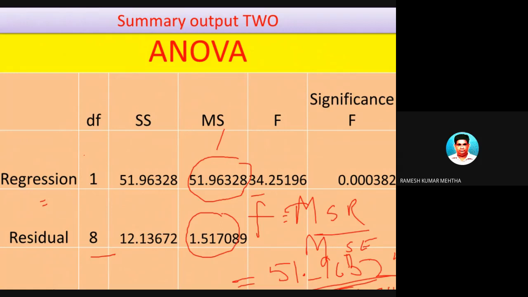So you will get 34.25196. So this is calculated, this is calculated.